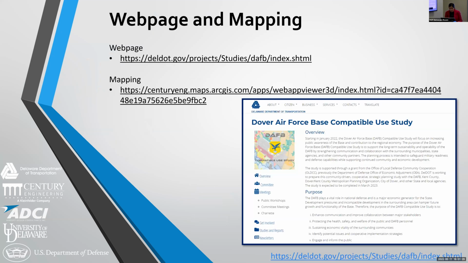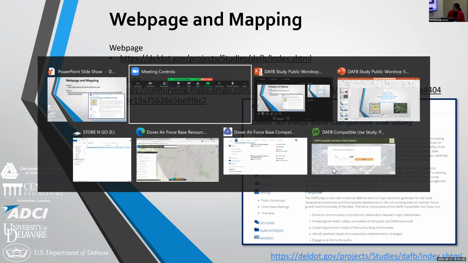So with DelDOT, we created a web page that has information for the public to be able to follow this project as it develops. And so I'm going to take you to that web page.